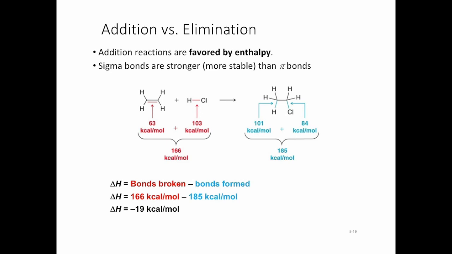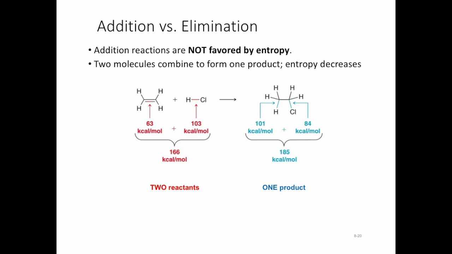That's because the 2 new sigma bonds that you form are stronger and more stable than the pi bond that you broke. However, addition reactions are not favored by entropy because two molecules are combining to form one product, which is going to result in less randomness and less disorder.